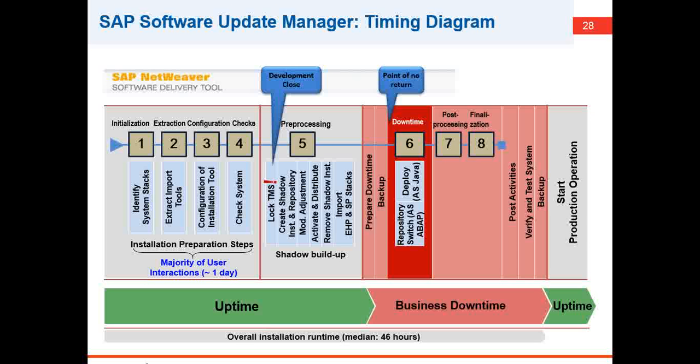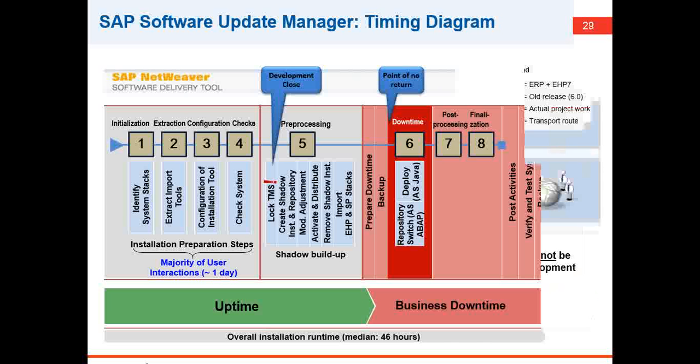Okay, system landscape aspects. This diagram looks pretty similar to the one I talked about with the sandbox. However, what this one is displaying is a parallel landscape, a copy of development or a copy of QAS used to do productive support for your production instance.